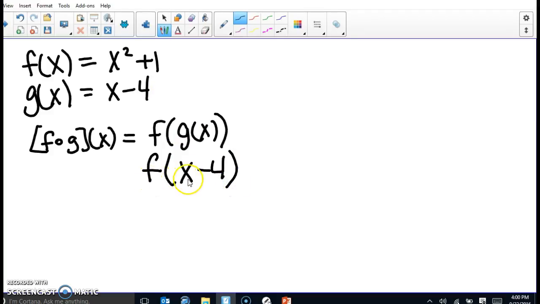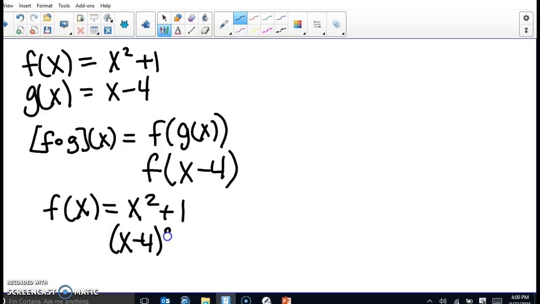So now I have f, and I have my x minus 4 in my x spot. So in my equation, any place there's an x, I'm replacing it. I'm substituting x minus 4 in. So my f of x function is x squared plus 1. In for x, I'm putting in x minus 4. Then I'm squaring it plus 1.